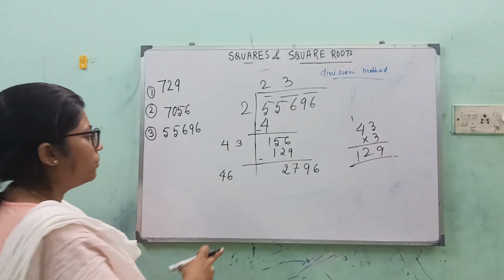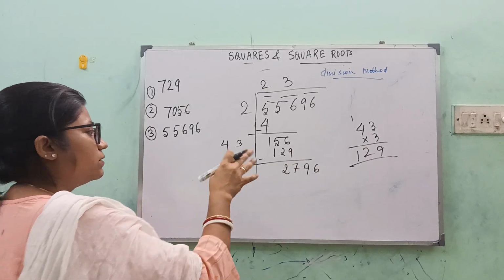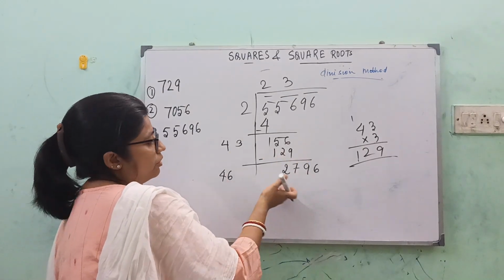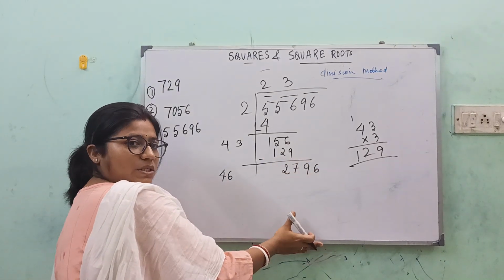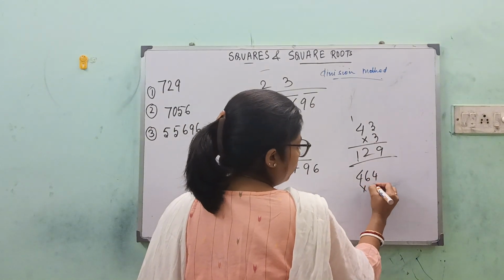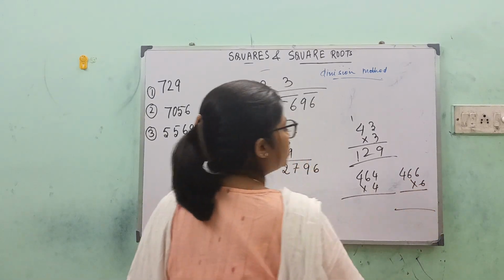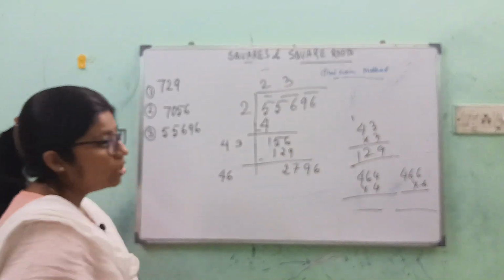Now what number should be brought down over here so that we get a 6? See, these are perfect squares, so naturally we know that the last dividend will give you a 0. So either you can try 464 into 4 or 466 into 6. These two will give you a 6 in the units place.